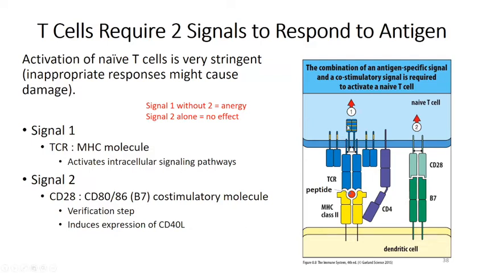Each of these is associated with signaling cascades, and the two of those cascades together are required. It won't activate properly otherwise. I showed you the signaling cascade for both of them. If you have signal 1 without signal 2, you practically get no activation.